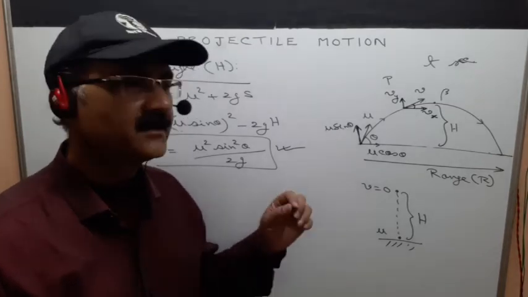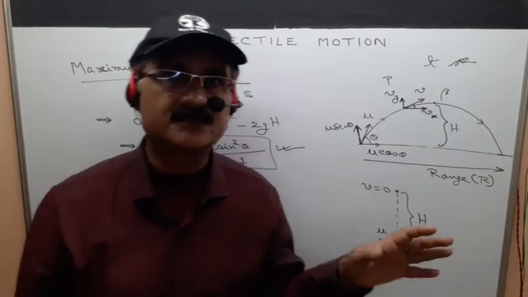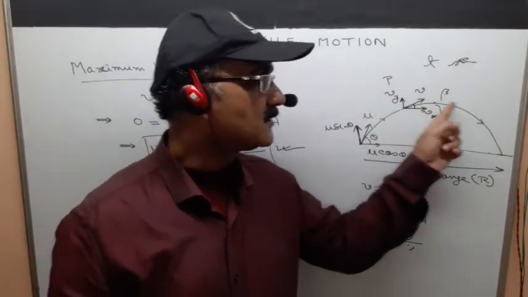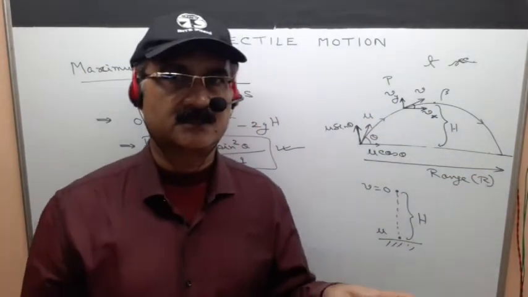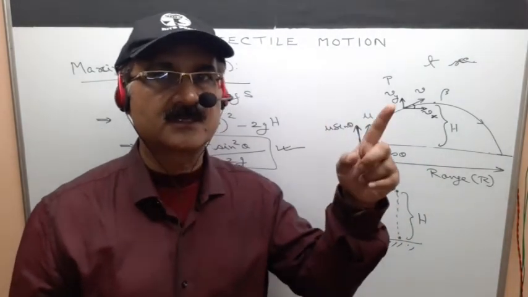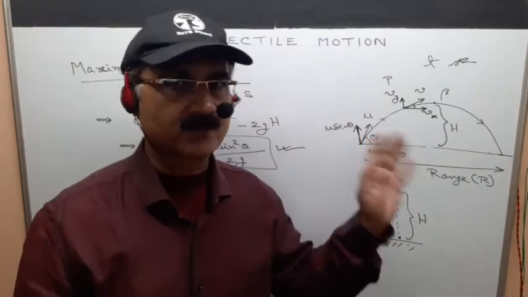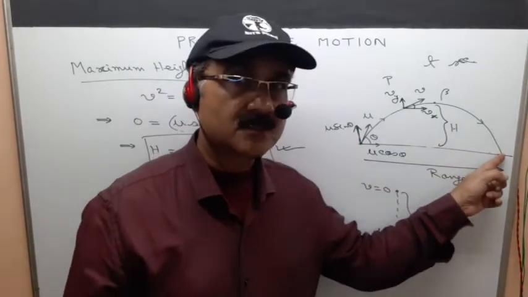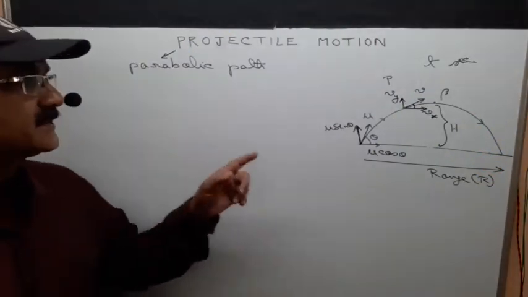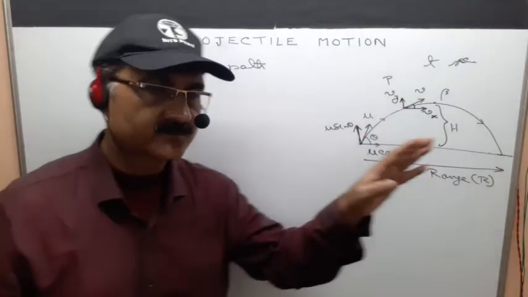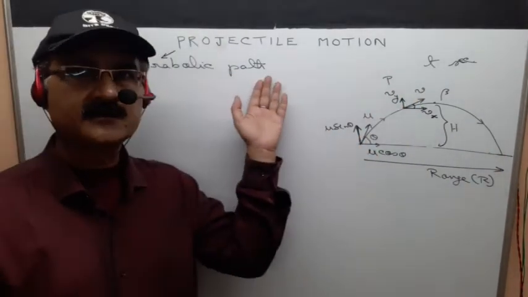Now there is only one more thing to derive here, which is we have to show that this path will be a parabolic path. Like we have a straight line in geometry, a circle, a parabola, a hyperbola. So we have to prove that this path followed by a projectile is parabolic.